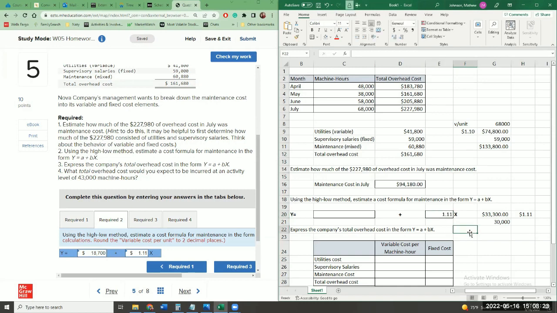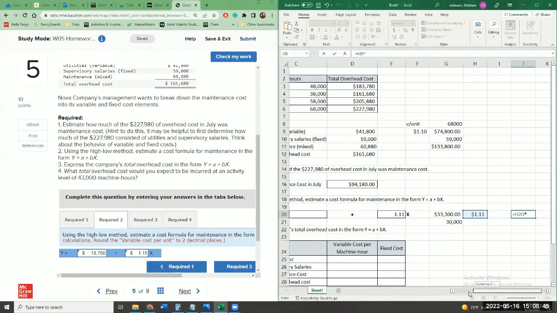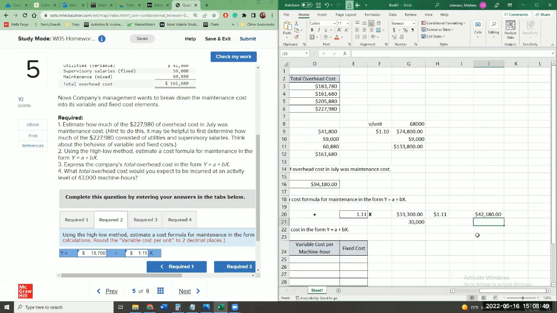Now that we have the variable, we can find the fixed part of this maintenance cost. And we just need to use either the 38,000 machine hours of May or July, the 68,000. I normally use the lowest number just because it's easier, but either way it can work. So I do the 1.11 times the machine hours, so 38,000. So this is the total variable.